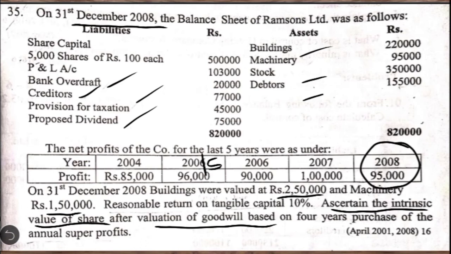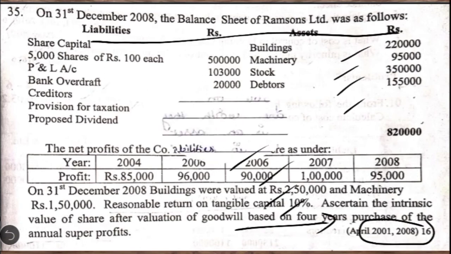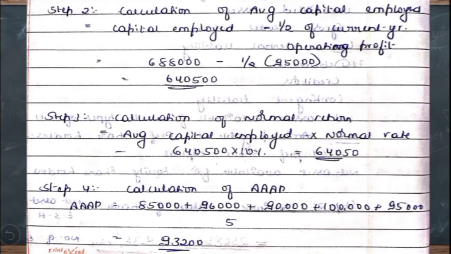If you check the asset side, there are no investments made in government securities or the securities of other joint stock companies. So whatever 95,000 is given in the question, it's all operating profit. So we have to deduct half of 95,000 from 6,88,000. So we get here 6,40,500 as the average capital employed.